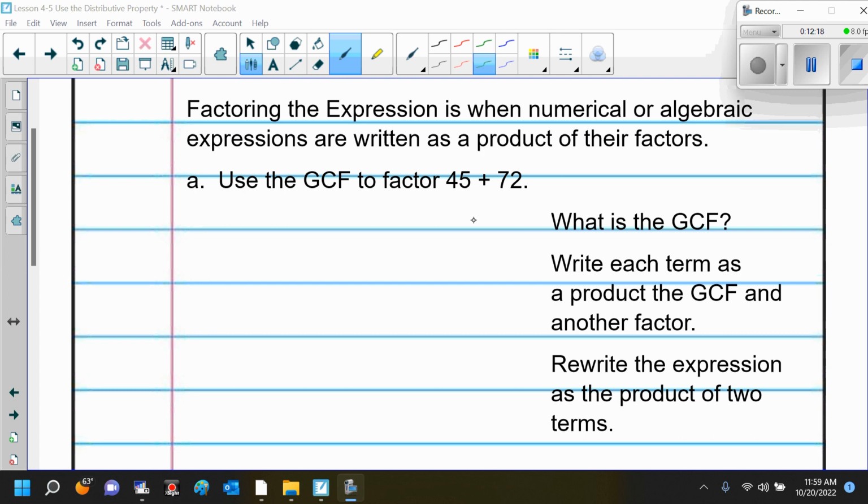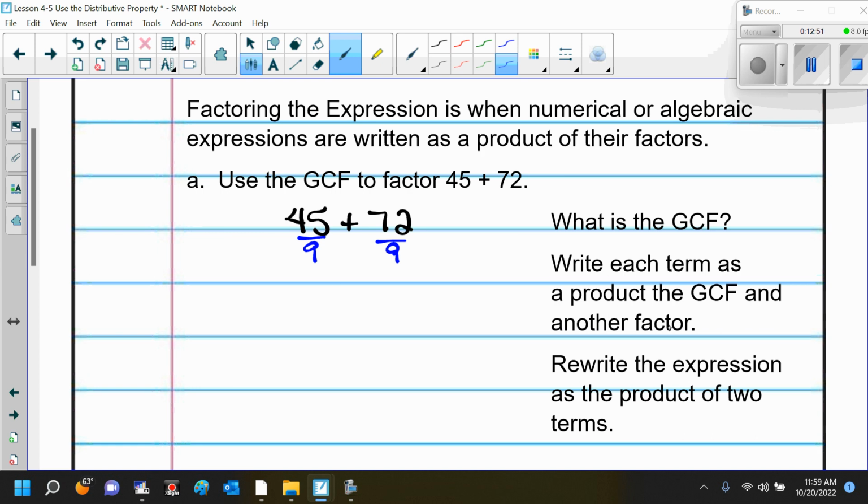So here we want to use the greatest common factor to factor 45 plus 72. Okay? Now, what is the greatest common factor of 45 and 72? So, we're going to divide out the GCF. So, we're going to divide 9 and 9 here. Now, the only reason I put it below there is because I want you to know what we're doing, okay?